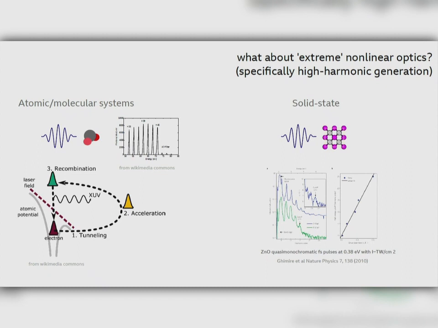And this has been explained by the three-step model. More recently, about 10, 15 years ago, it has also been observed in solid state. This, I believe, is one of the first experiments, on zinc oxide, where they also observed this plateau of harmonics.